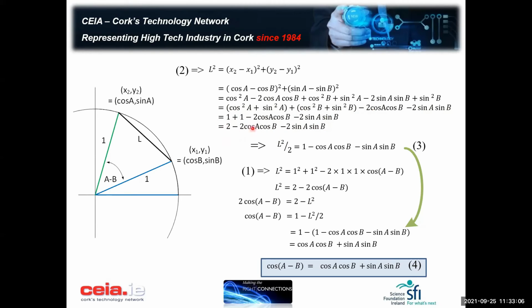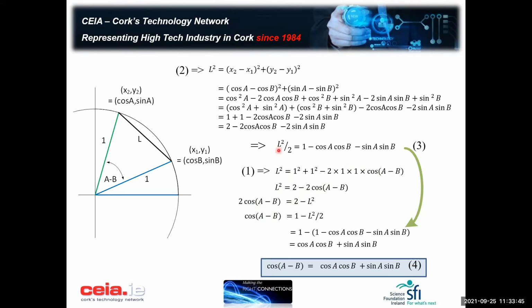And you can see there's a common factor of 2 in all these terms, so we can divide across by 2. And we had L squared, so L squared over 2 is equal to all of this divided by 2. So keep that aside for a second, and now we'll go back to the cosine rule. And we try to arrange it so that we get a cosine of A minus B. So rearranging the cosine rule formula here, simplifying, and dividing by 2, we end up with cosine A minus B is 1 minus L squared over 2.